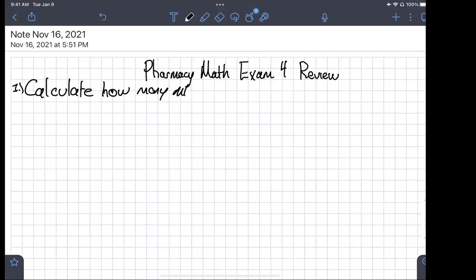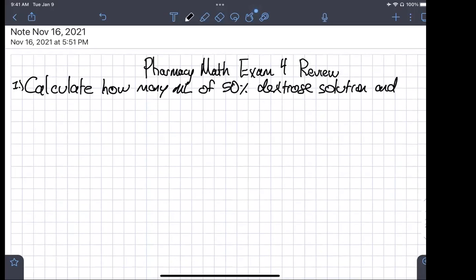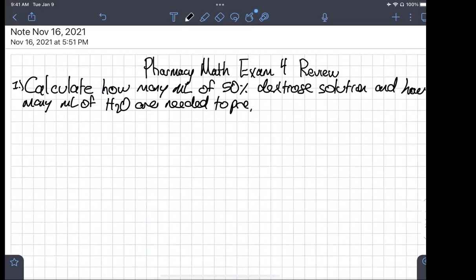How many mLs of 50% dextrose solution and how many mLs of water are needed to prepare 4.5 liters of a 1% solution?